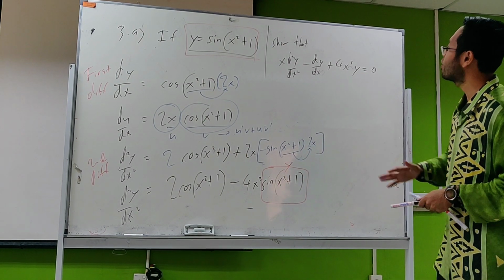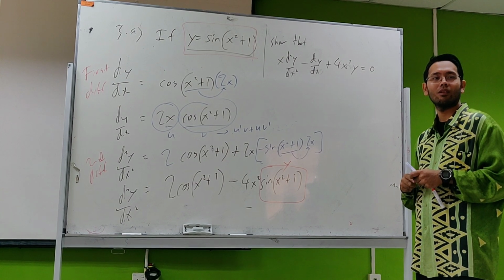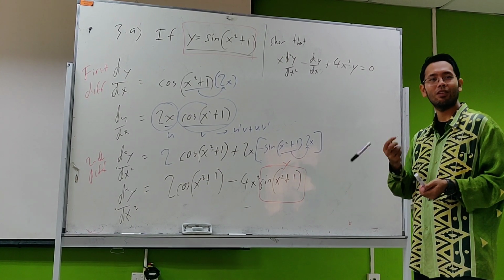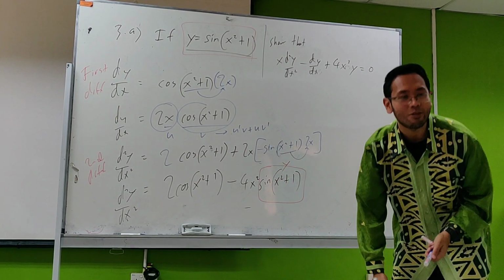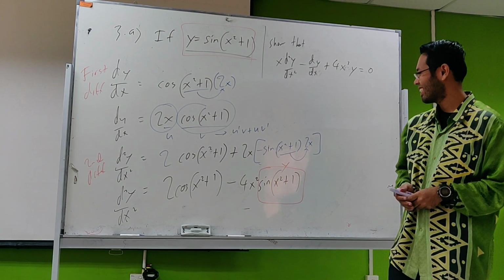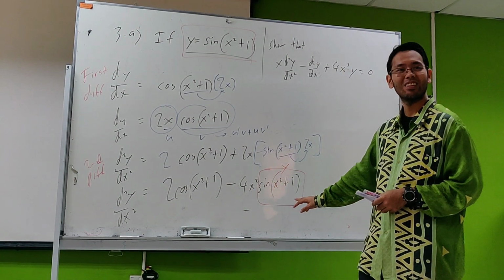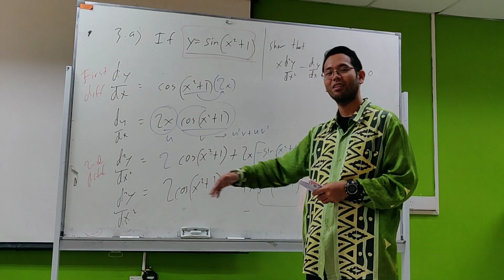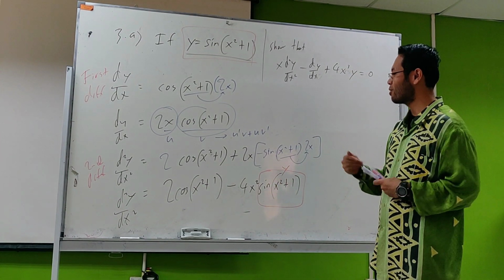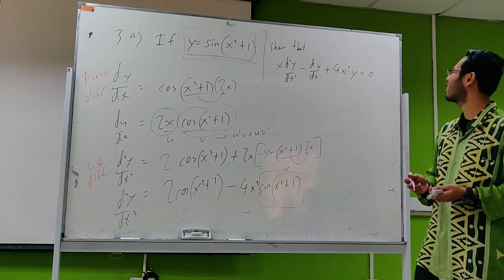How should I continue? How should I show this thing? You want to use the first or the second method? Bring this thing to the left side. So we are using the second method now, the gymnastic technique.